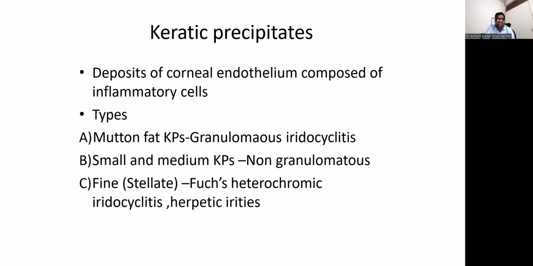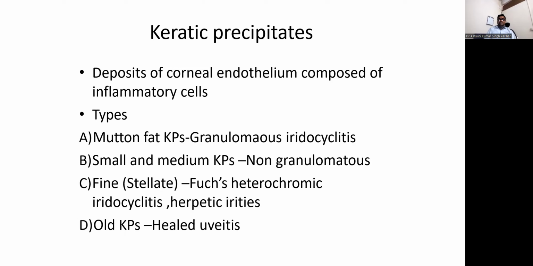Small, fine stellate KPs are characteristic of Fuchs uveitis or Fuchs heterochromic iridocyclitis, which is usually seen in young adults and is usually unilateral. In herpetic iritis also, small, stellate, fine keratic precipitates will be seen. So these are the different types of deposits which will be seen on the endothelium.